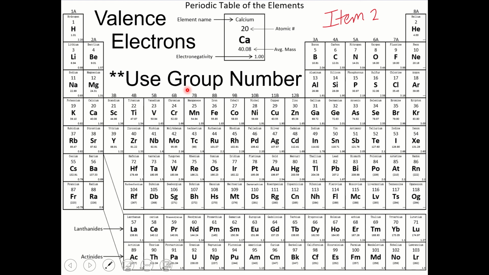So it'll have 2 bonds and 2 lone pairs surrounding oxygen when it's a central atom. Fluorine, halide. Halides make how many bonds? 1. 7 plus 1 is 8. So halides will be bonded to one other atom and have 3 lone pairs.